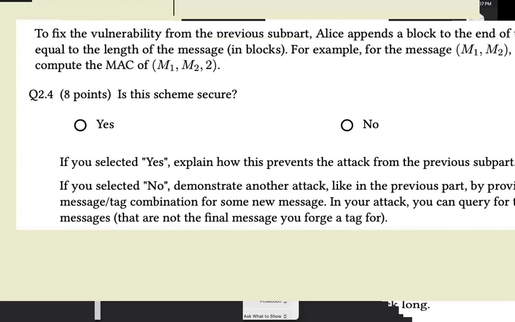All right, so who thinks it's yes? All right, who thinks it's no? Yeah, so the answer is no.